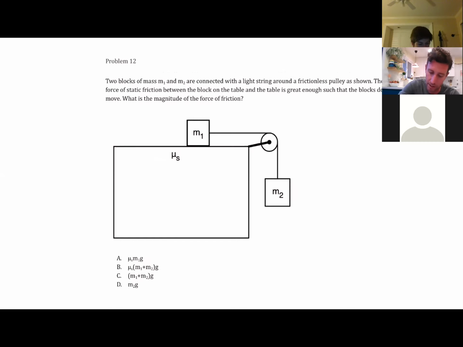Okay, so they're both stationary. Velocity is 0, not going anywhere. What is the magnitude of the force of friction? So we're looking for the force of friction. Work on it for a minute. See if you can figure it out.